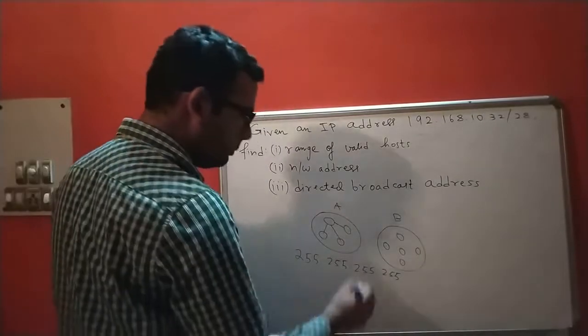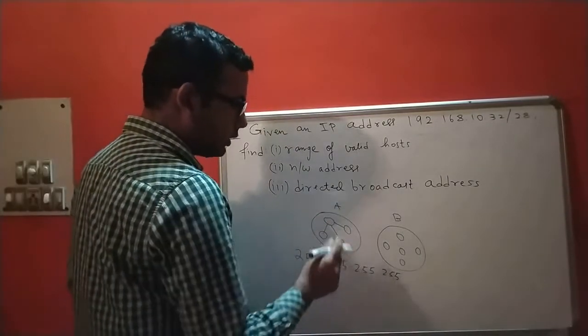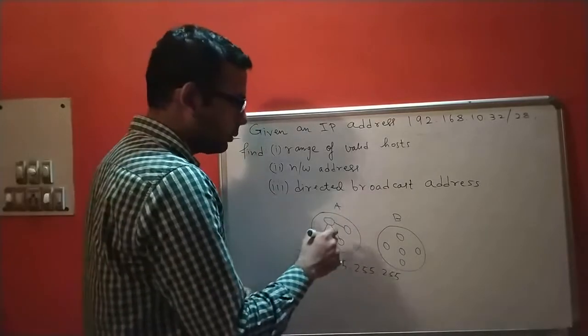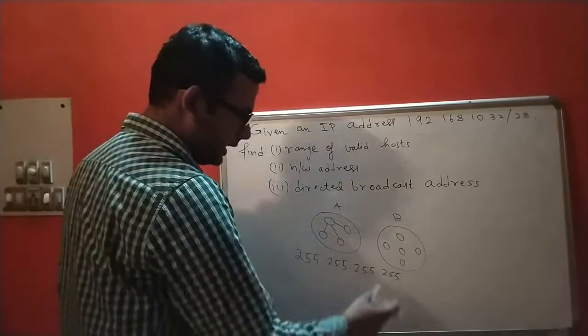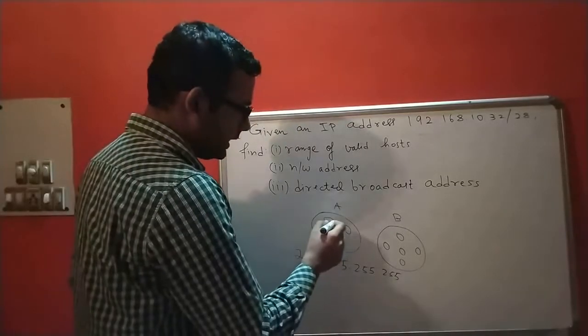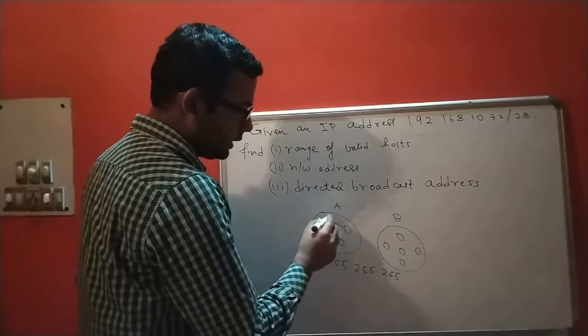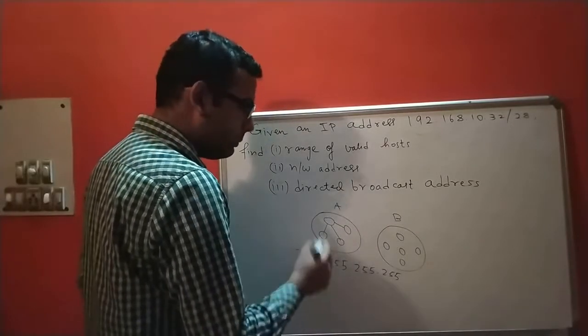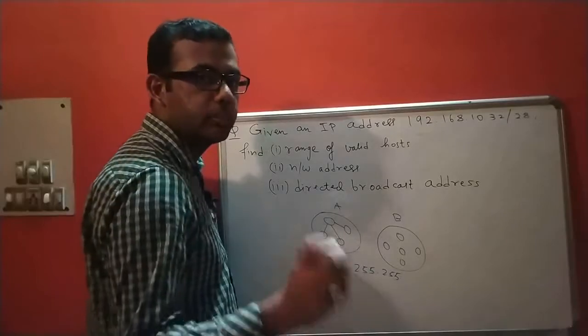So this will help this host to transmit the same packet to all other hosts present in the same network as itself. So this address is known as a limited broadcast address, because this process of transmitting the same packet to all hosts present in the same network is known as limited broadcasting.